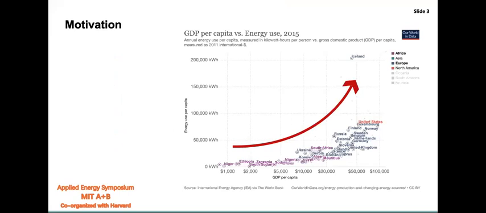So what is the motivation for the work? This diagram is taken from a World Bank website showing the correlation between GDP per capita versus energy use of countries in 2015. As it can be seen, as the GDP increases as a representative of economic growth, the energy use per capita increases.